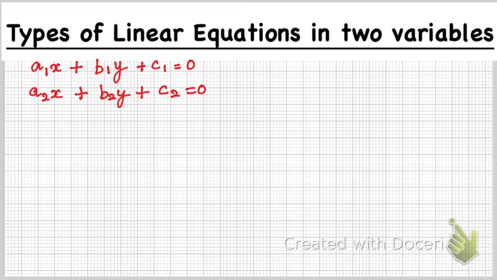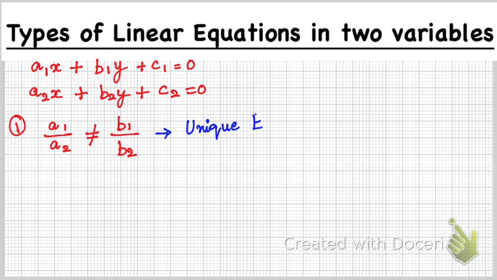The first case is, if a1 by a2 is not equal to b1 by b2, you can say that the pair of linear equations has a unique solution.